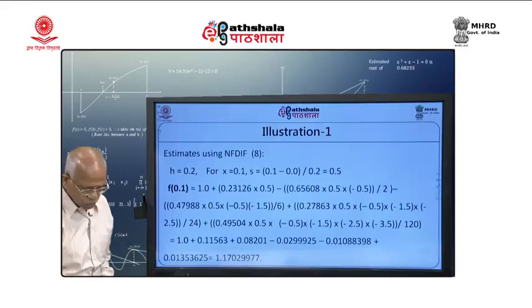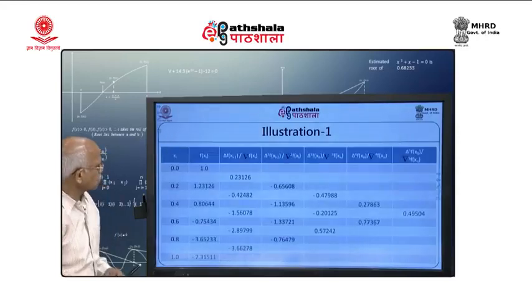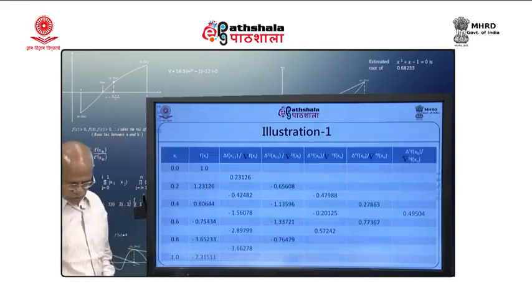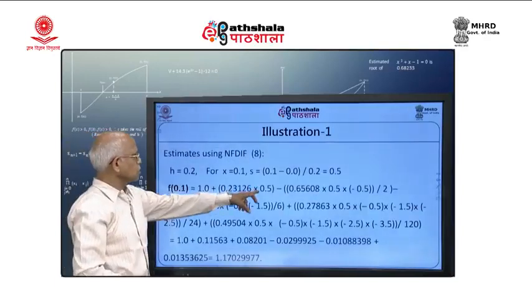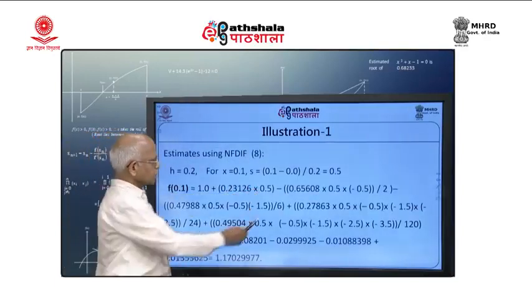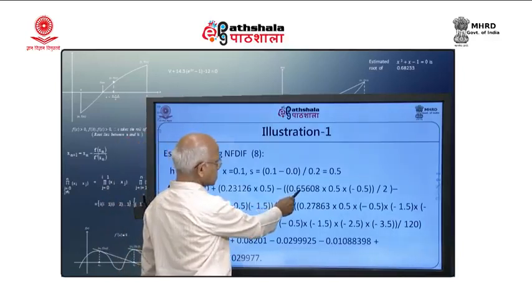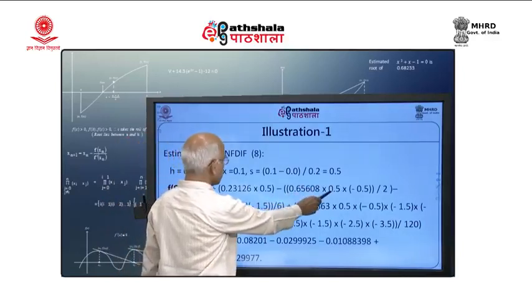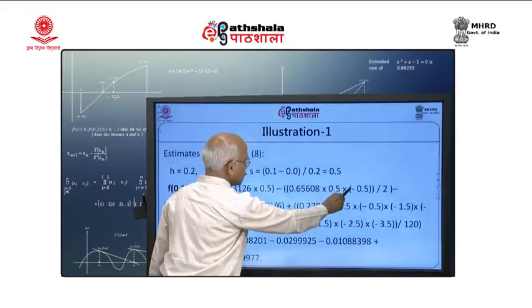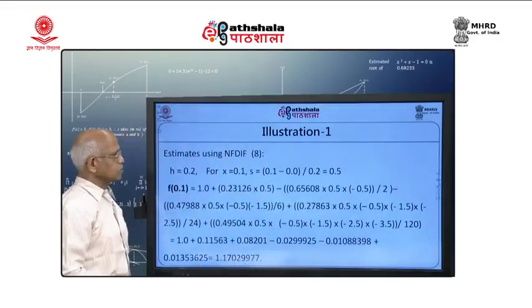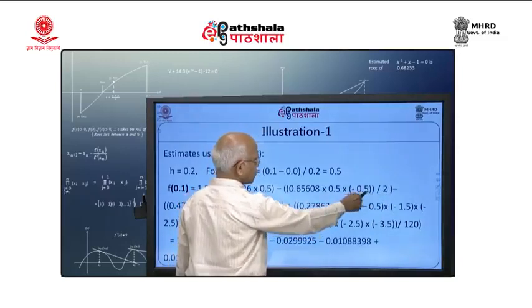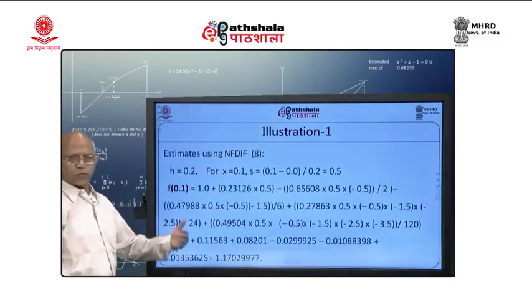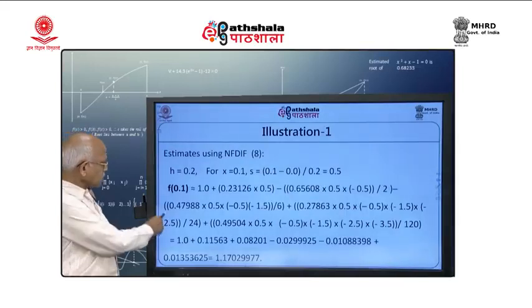So, this is why the first difference is used here into s, then the second order difference into s times s minus 1, that is 0.5 into 0.5 minus 1, which is minus 0.5, divided by 2 factorial, which is 2, and that is how we can compute the remaining terms.